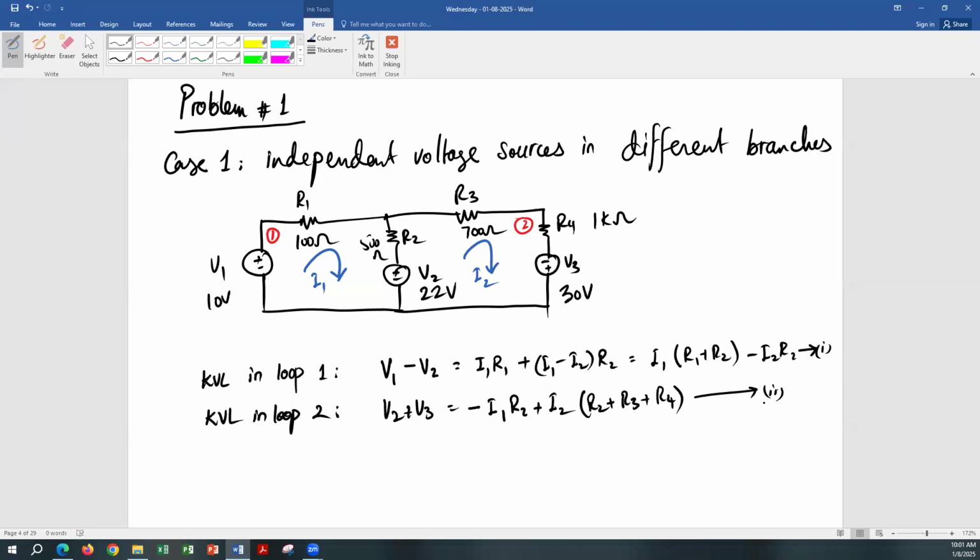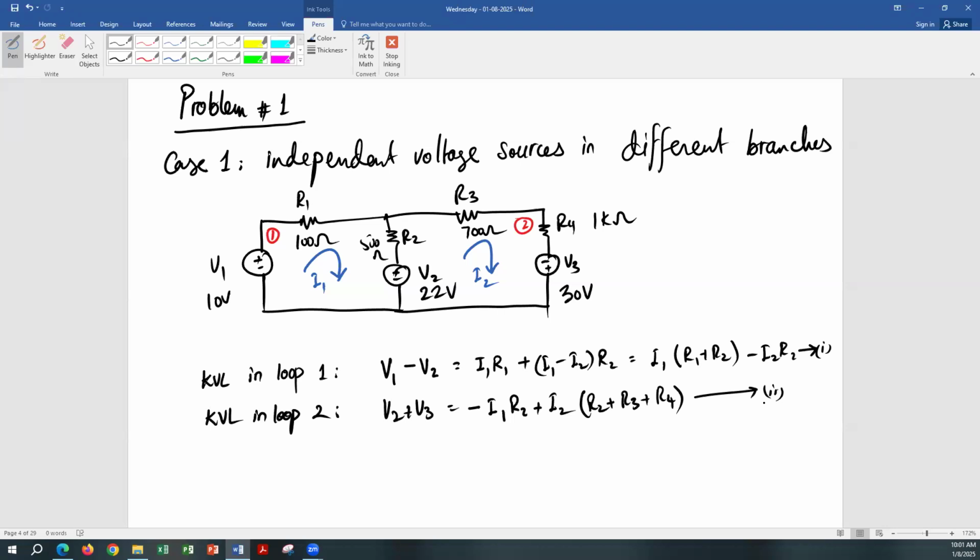Once you write this down, you take the voltages to the other side of the equation. That's going to become V2 plus V3. The rest of the equation is going to be the same. Whichever way you want to write, just make sure you are consistent with the signs, because if you make a mistake with the sign, then everything is going to be incorrect.